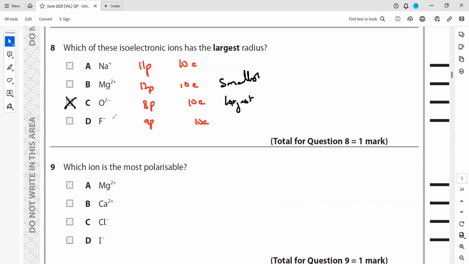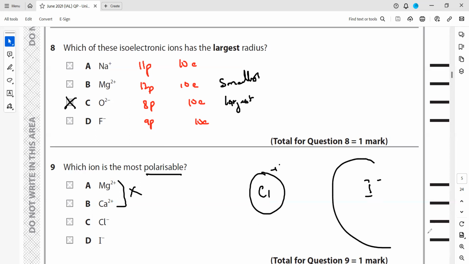Which ion is the most polarizable? Polarizable means which can be polarized easily. Positive ions cannot be polarized, so A and B cannot be the answer. We're left with C and D. Chlorine has a smaller size and iodine has a large size, iodide ion.